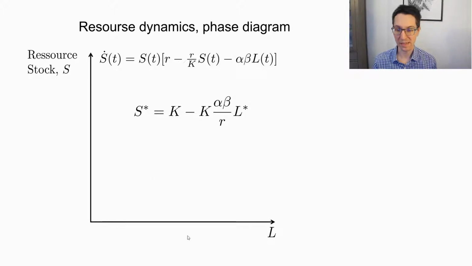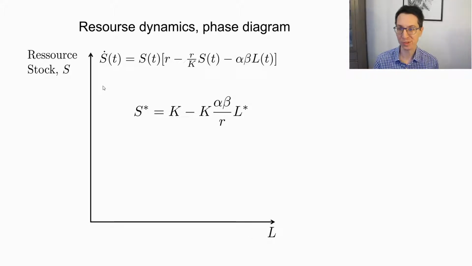So we have on the x-axis L, the number of workers, which is actually the number of islanders on the island, and the stock of nature S. And here we are going to show how, if S and L have certain values, both of their values are going to evolve over time. Of course, for that we need the dynamic of both stocks. Now we only have the dynamics of the resource stock S, but we start with that and then we add the dynamic of L. So one thing at a time, it's enough.